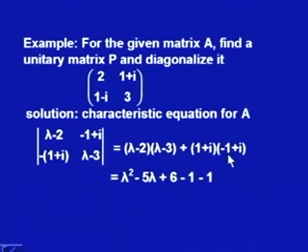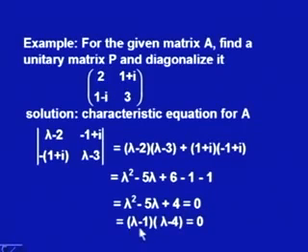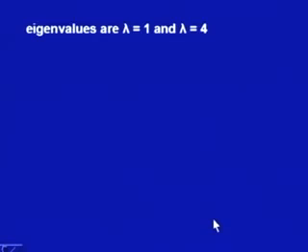Perform this multiplication and it is lambda square minus 5 lambda plus 6 for this part, and from the other part we get minus 1 minus 1, and that gives us lambda square minus 5 lambda plus 4 equal to 0. When you factorize it, it is lambda minus 1 into lambda minus 4 equal to 0, and that gives us the eigenvalues lambda equal to 1 and lambda equal to 4.